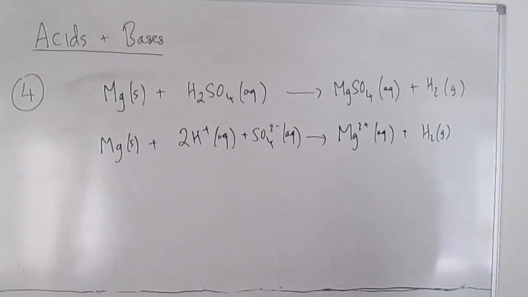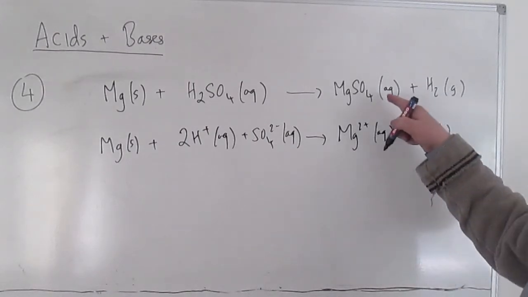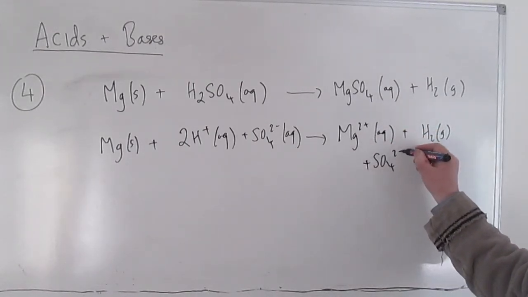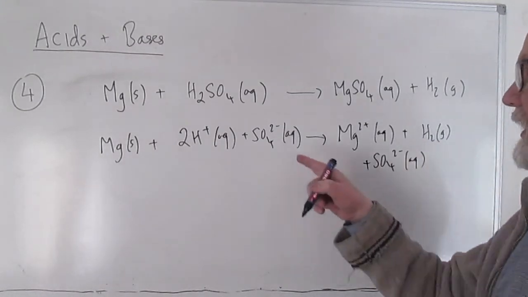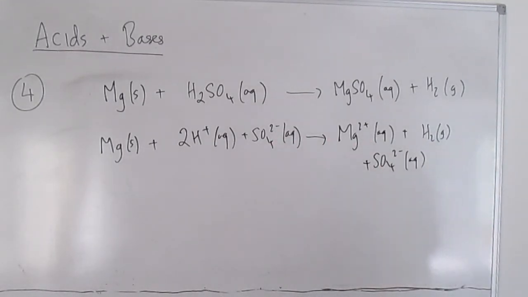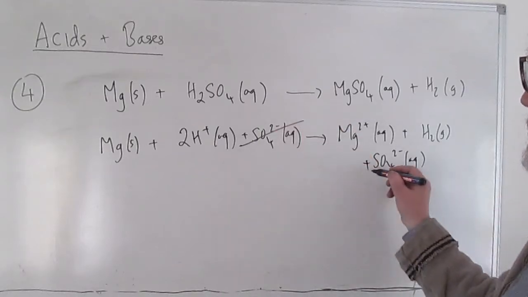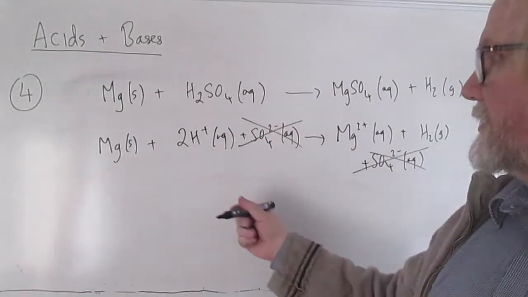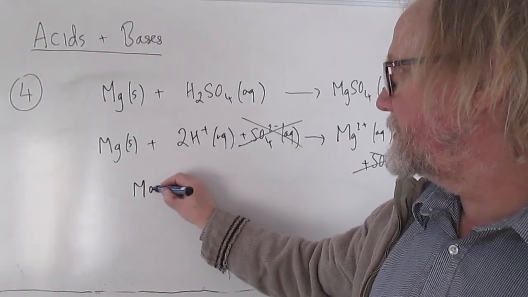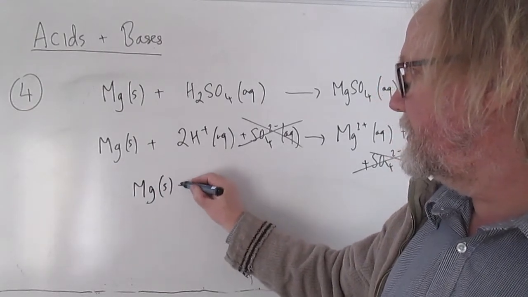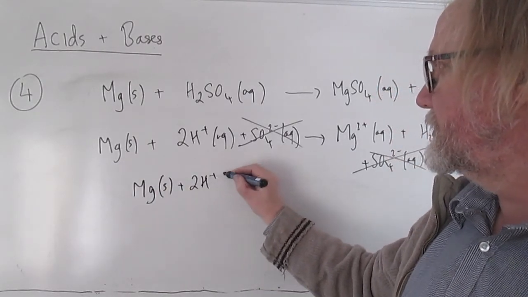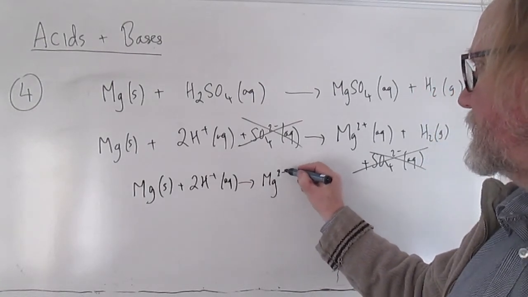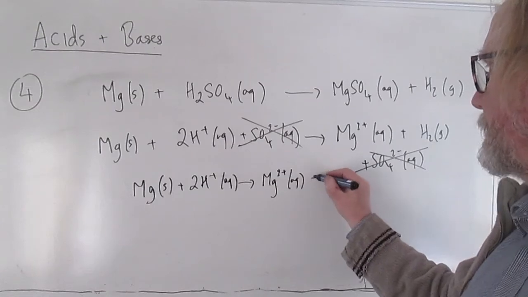And you can see that the sulfate ions we forgot there, those are there as well. So now you can see, now that we've written them in, that the sulfate ions are spectators, because they were there at the beginning and they're still there at the end. So those drop out. So that tidies up to give us Mg plus 2H+ goes to Mg2+ plus H2.